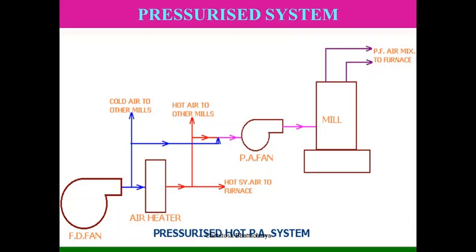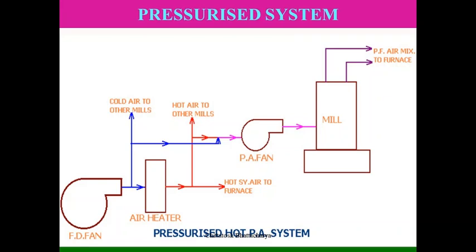The other type of primary air system is the pressurized hot primary air system. In this case, the total air supply is controlled by the FD fan, and from the discharge of the FD fan, part of the discharge bypasses the air preheater, that is supplying cold air to the PA fan, and the major part which passes through the air preheater is bifurcated.